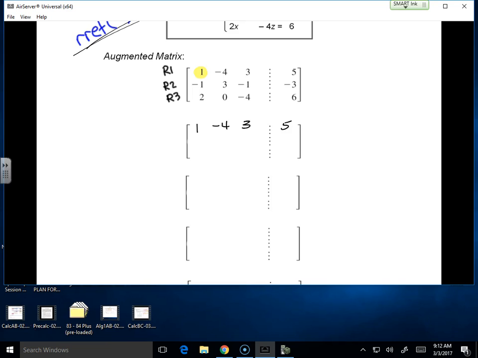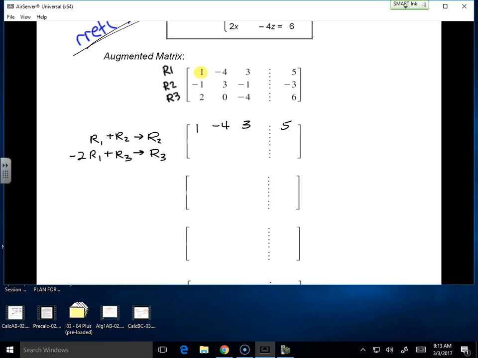So we multiply row 1 by the opposite of -1, which is just 1. Then we add that to row 2 and put that in row 2. For row 3, we multiply the top row, row 1, by the opposite, which is -2, and add that to row 3, putting that in row 3.